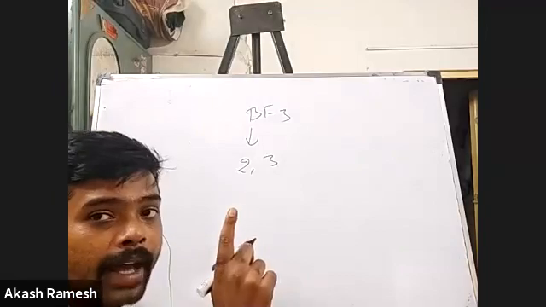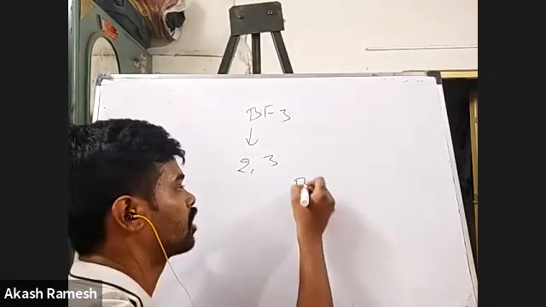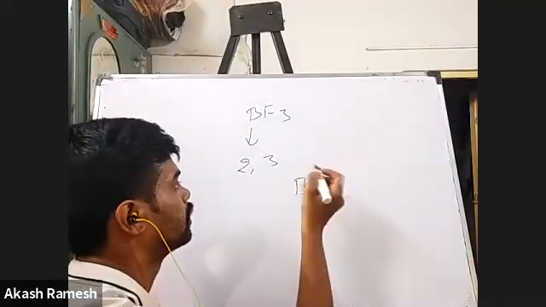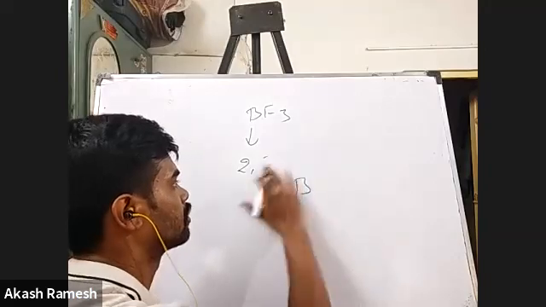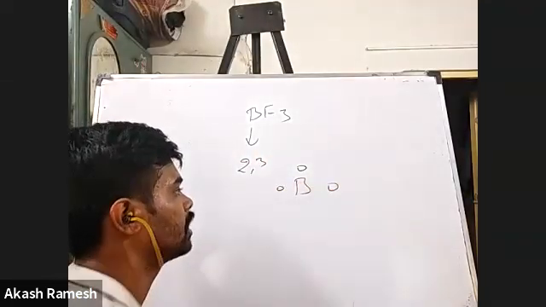Now, a fluorine atom has 7 valence electrons. So if I try to draw the Lewis dot structure, I have 3 valence electrons for boron, 1, 2, 3.